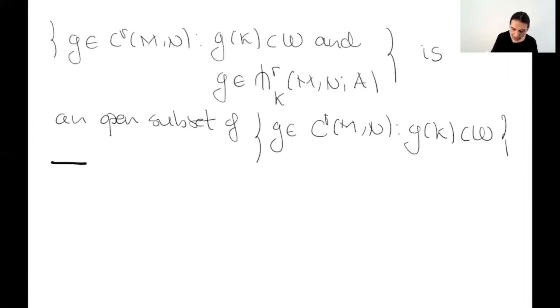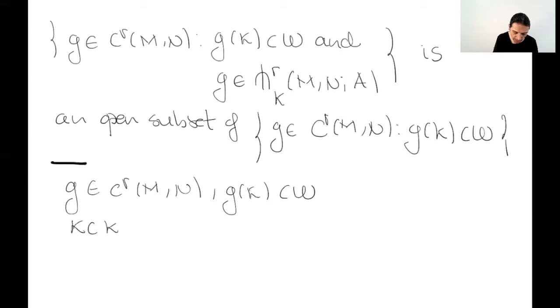Okay, we have g such that the image of K is contained in W, and we can still consider K, K prime, and U hat exactly as before.